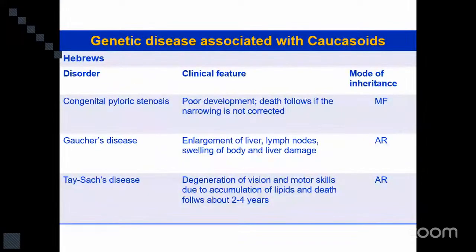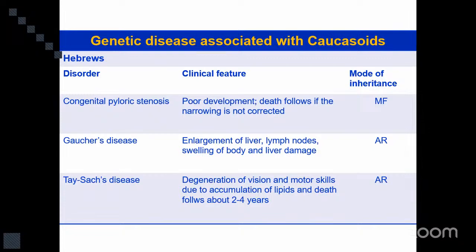In the Hebrews, the reports have indicated that congenital pyloric stenosis, Gaucher's disease, and Tay-Sachs disease are more prevalent. So you can see poor development and death follows if the narrowing is not corrected. Enlargement of the liver, lymph node swelling, and liver damage in Gaucher's disease.